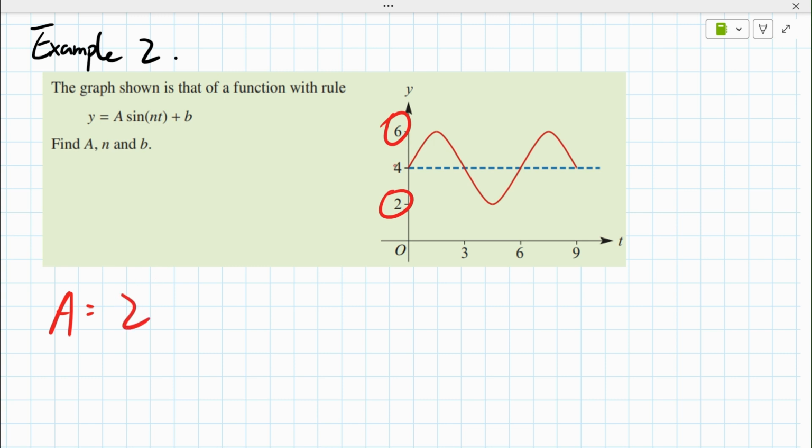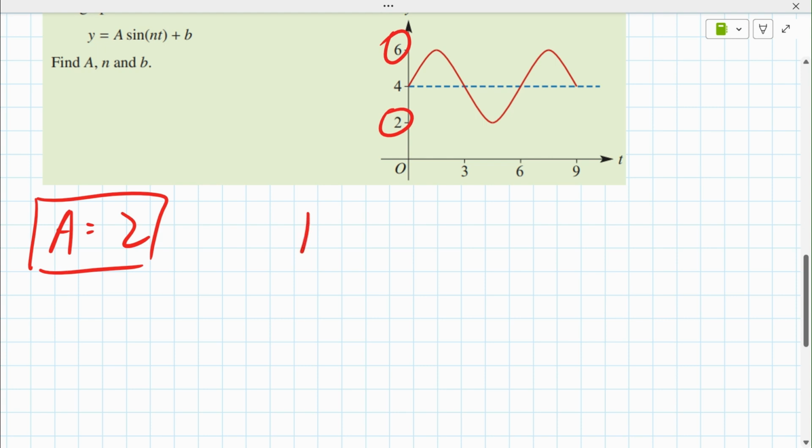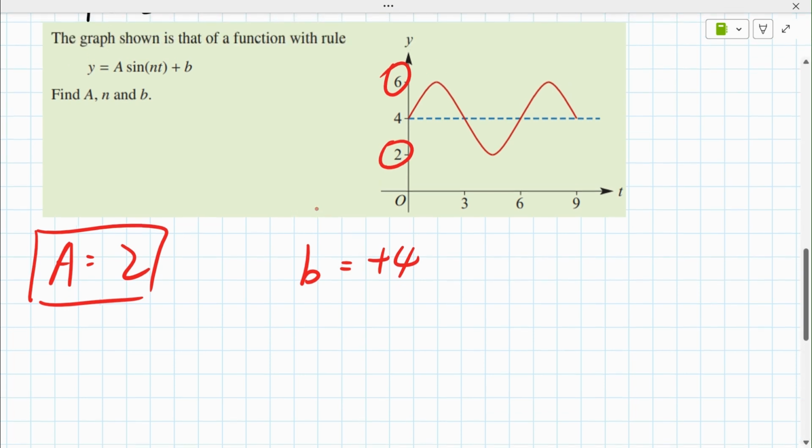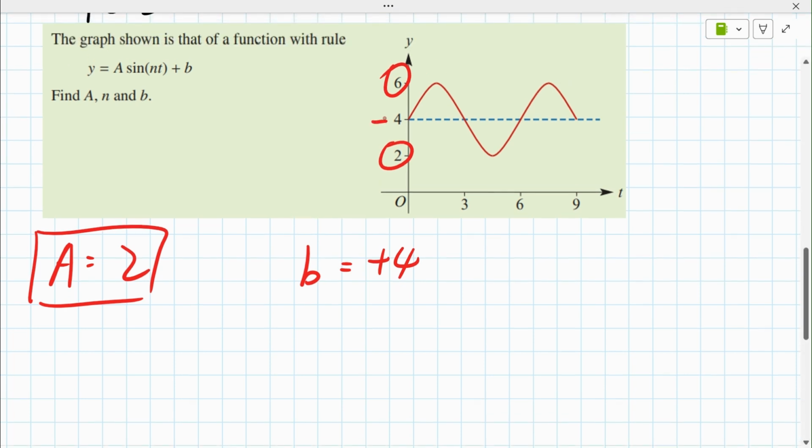We know 4 to 6 is 2 and 4 to 2 is 2, so the amplitude is 2. And B is plus 4, because the central line starts at 4, which means you're moving up by 4 units, the positive.